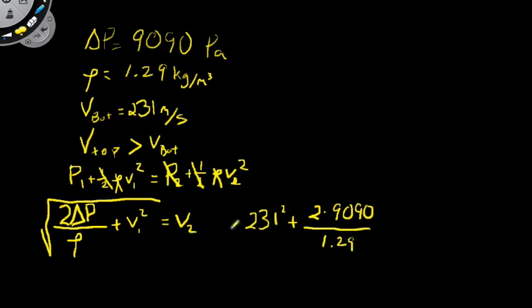And of course, if I just did it in that standard form, that would give me a V squared, but I don't want V squared. I want V. So I'm going to do the square root of that. And when I punch it all in my calculator, you should get 260 meters per second.